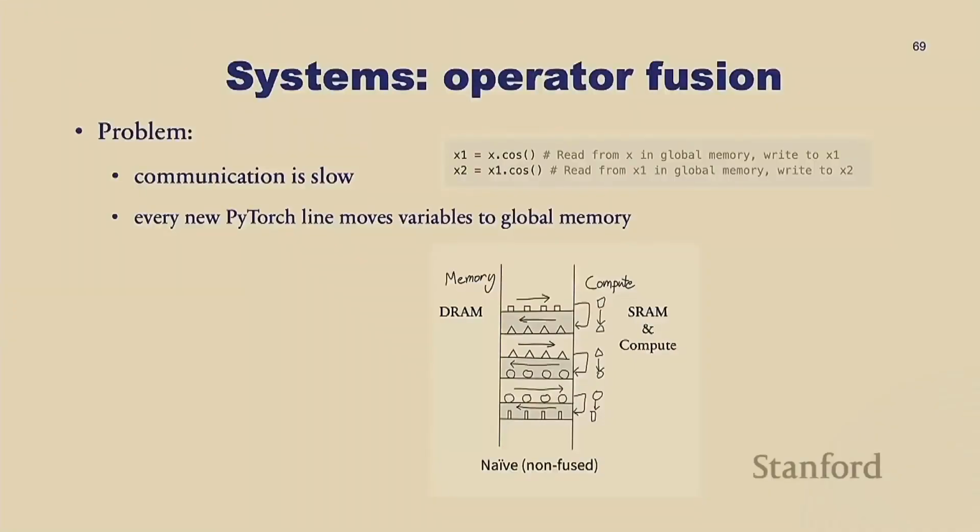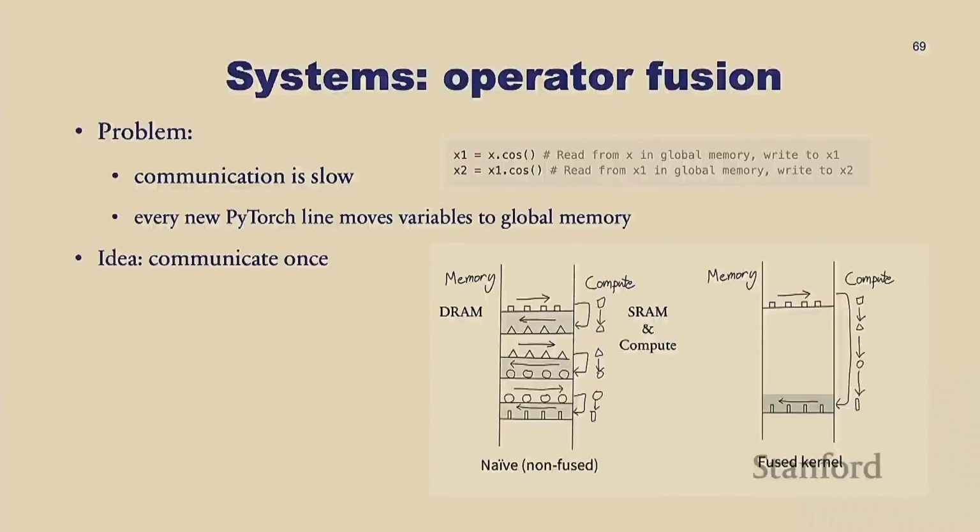Another way to see that is that you go from your DRAM, which is your global memory in your GPU, you ship it to compute, and you ship it back for every line. This is a naive way of doing it. This seems very wasteful. So the simple idea of operator fusion is just communicate, do all the computation, and ship it back once. And this is exactly what fused kernels are.